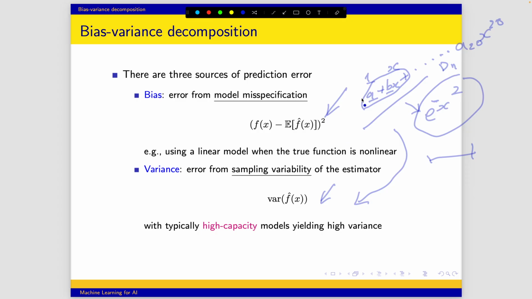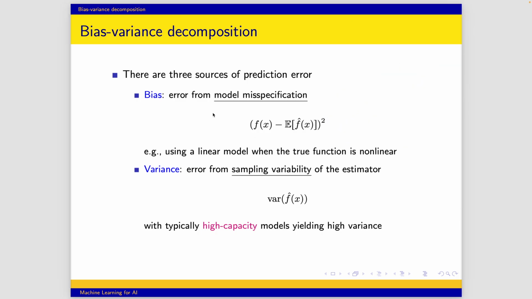So that's the general rule. Low complexity or low capacity model means high bias, low variance, and high capacity means low bias but high variance.